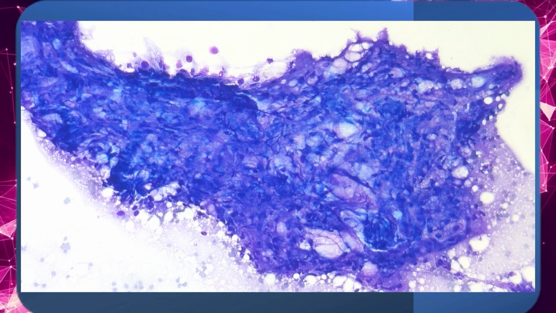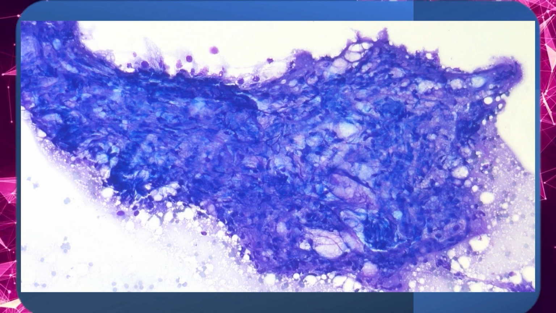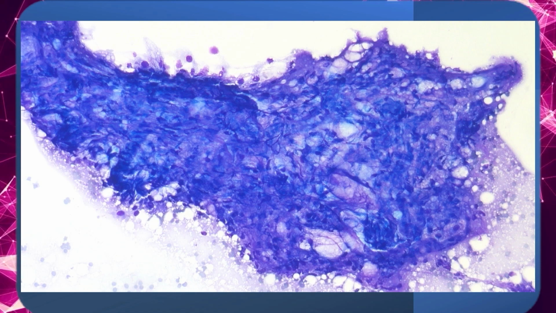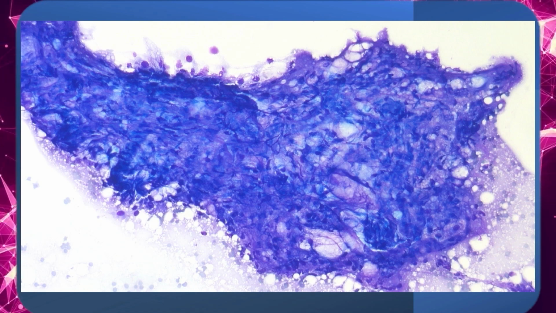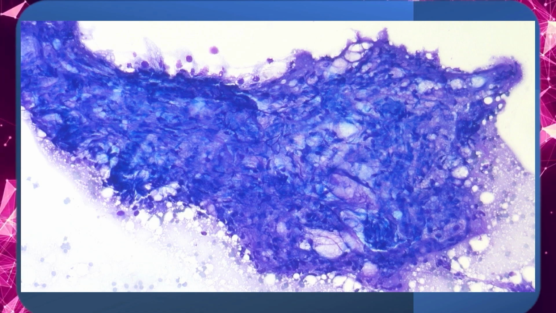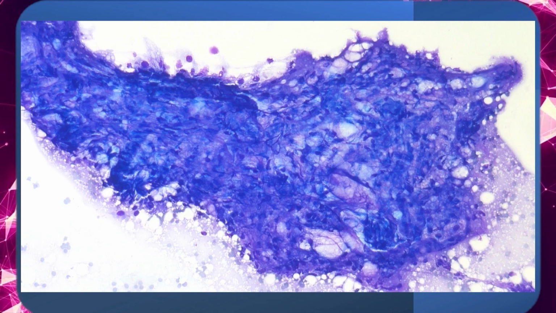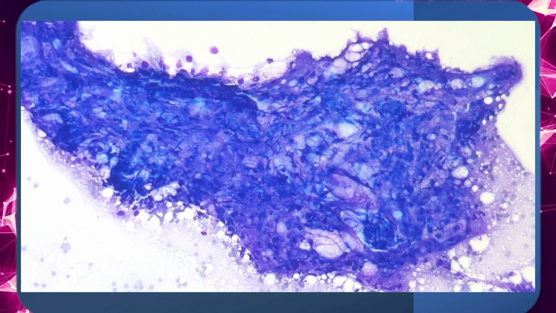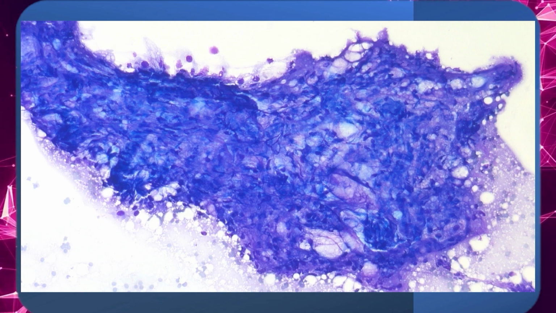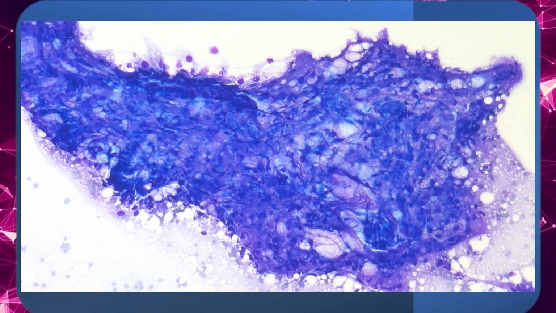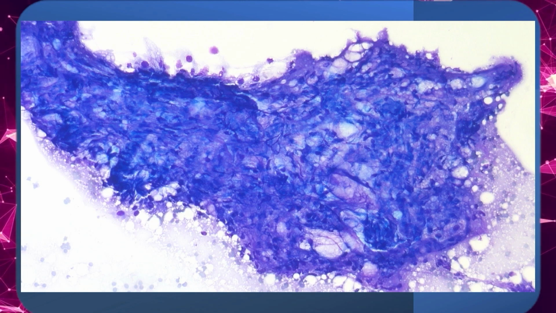So you can look at the architecture, cohesiveness, single cells, mesenchymal, epithelial, something else, cellularity, vascularity. They're quite pleomorphic looking. There's definitely some spindle cell proliferation, and that's higher magnification, showing some mixture of cells, some vascular.